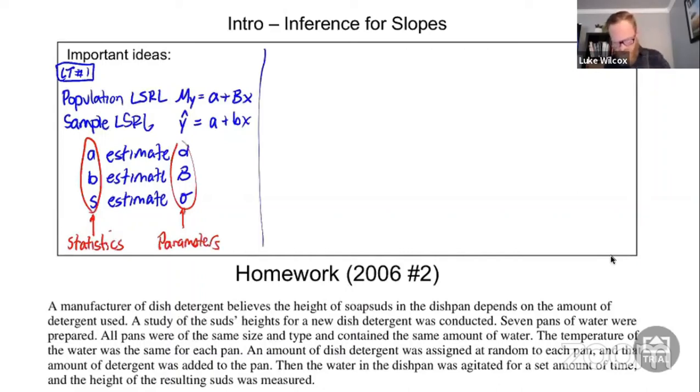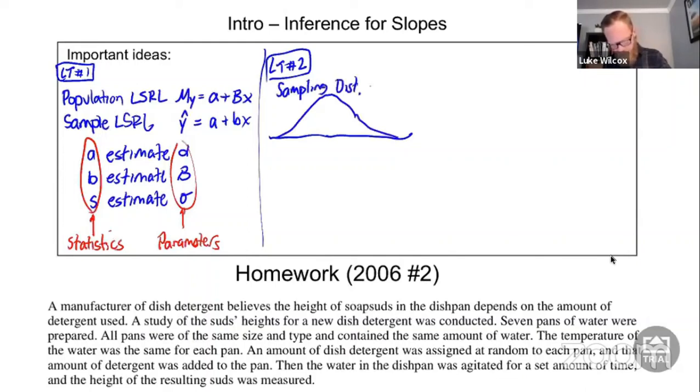Okay, that moves us to learning target number 2, which had to do with the sampling distribution of the sample slopes. And I think for this one, I'm just going to draw a picture of the sampling distribution of b. And really it's a dot plot, right? So there's a bunch of dots in here, but I'm modeling it with the normal distribution.